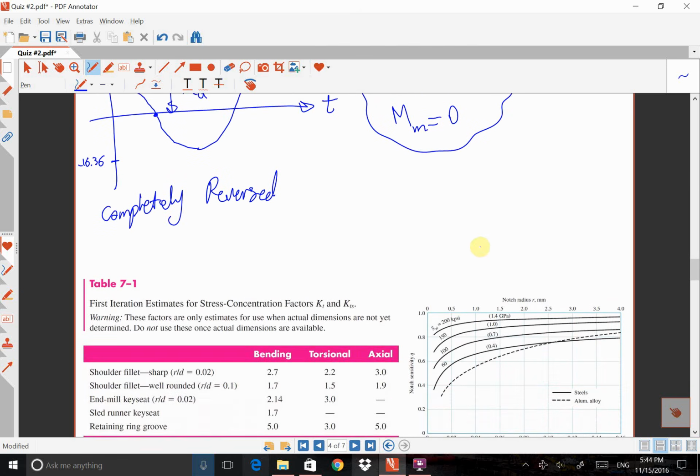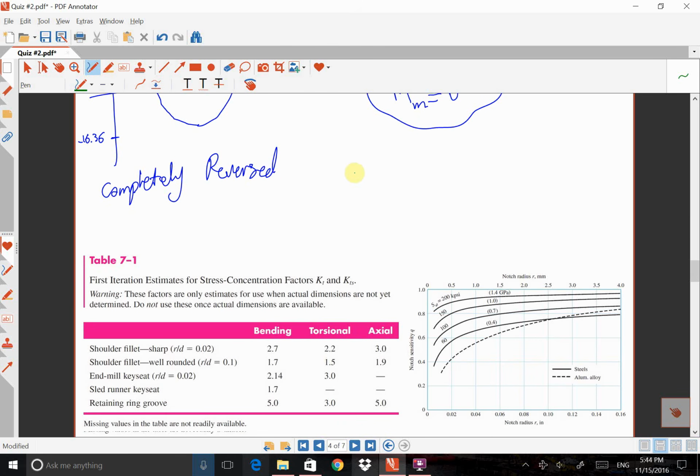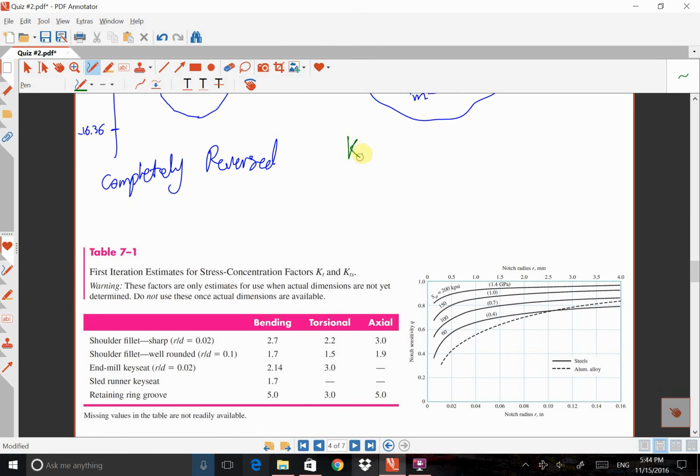There are two other important things that we need to find, and those are the fatigue stress concentration factors. If I want to find Kf, the fatigue stress concentration, that's a capital K, Kf is 1 plus q times (Kt minus 1).